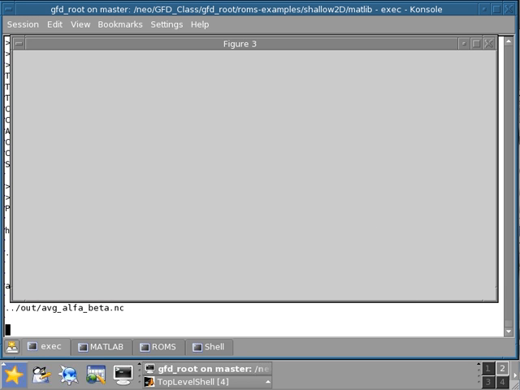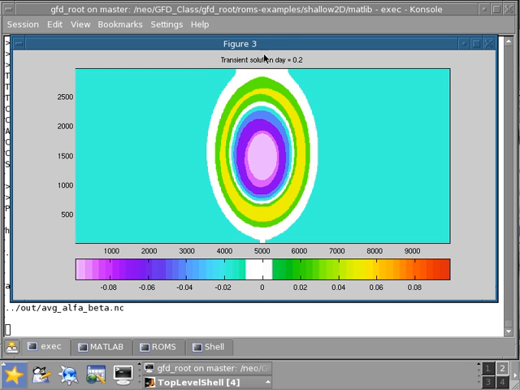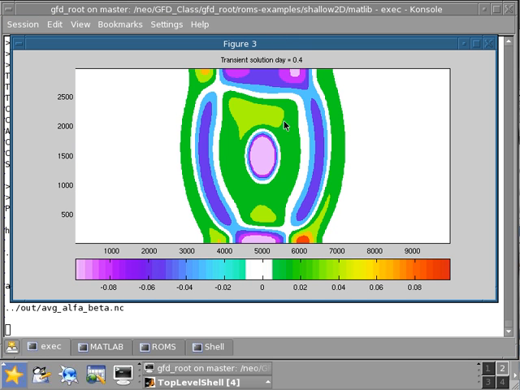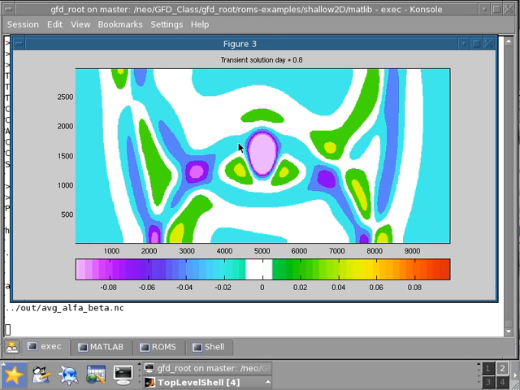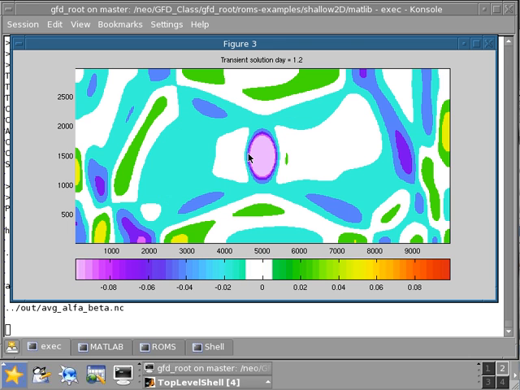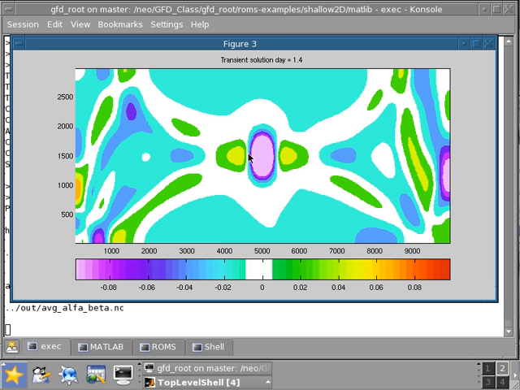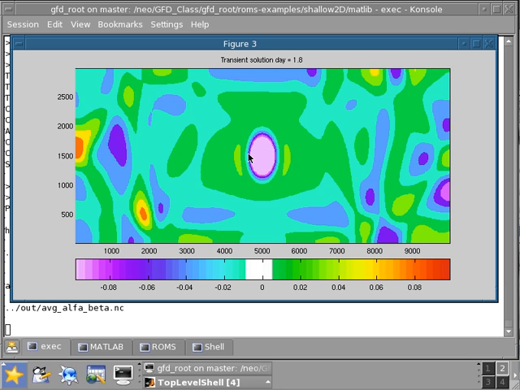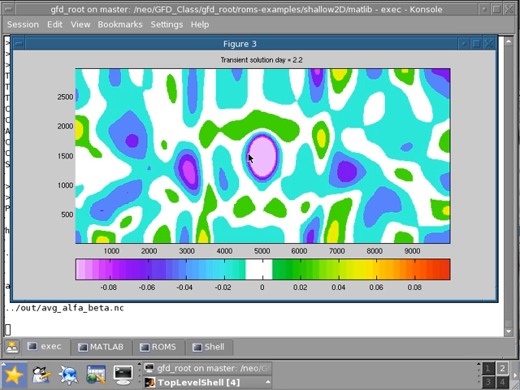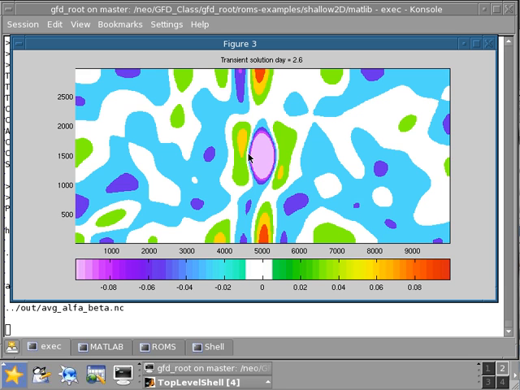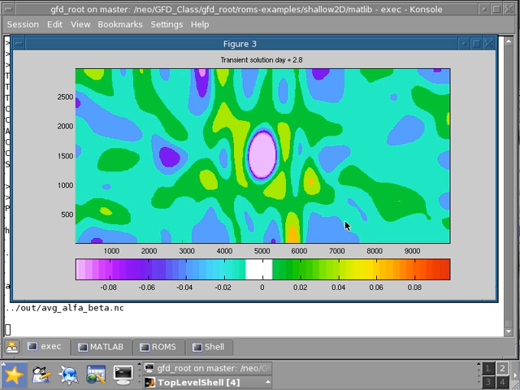Once again, first we do the transient solution. This is in the early days. Again, you can't distinguish anything. You see these inertial gravity waves going around, and we have to wait until this finishes. And so anyway, you see this noise going around.